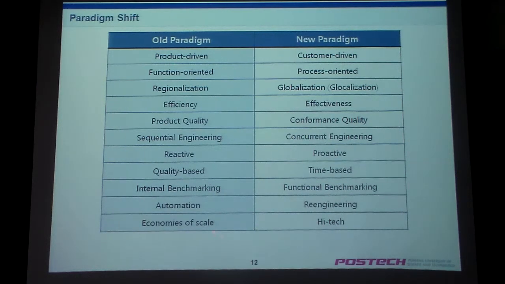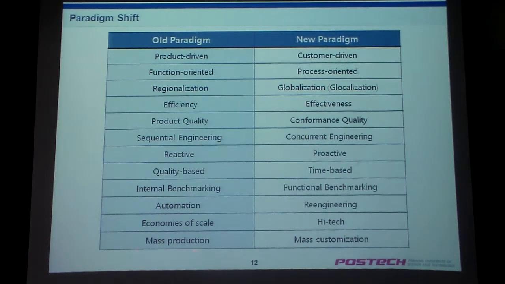Economies of scale: this is traditional economic theory, and scale is important, but right now it's more selective high-tech. And mass production and mass customization. There's mass production, but right now more mass customization, which is to satisfy each customer specifically, a more customer-oriented concept.